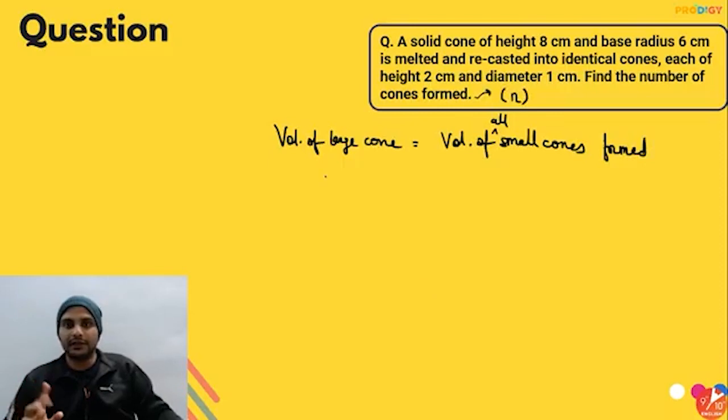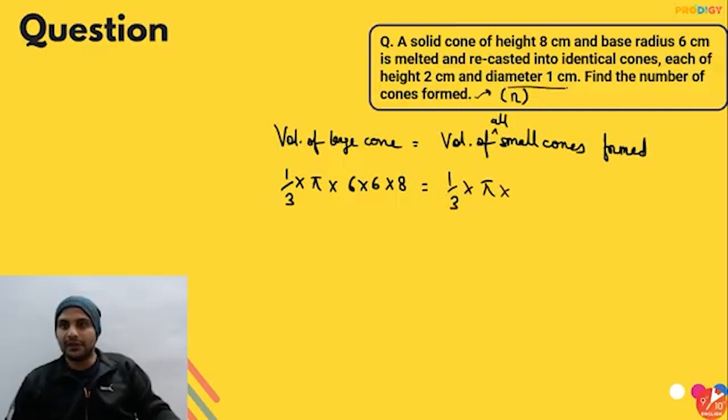कितने? n. So the volume of the large cone will be 1 by 3 times pi into radius squared into h. Base radius is 6, so 6 square, and height is 8. And the volume of one small cone will be 1 by 3 into pi. देखो, diameter is 1 centimeter, so radius will be half, pi r square, height is 2. And how many such cones are there?